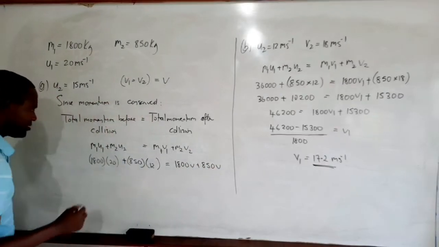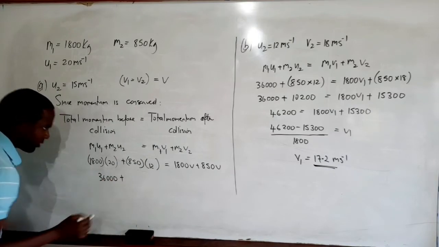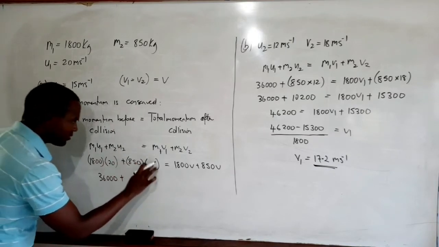And to work these out, this is 36,000 from before. Actually, this should be 15, not 12.